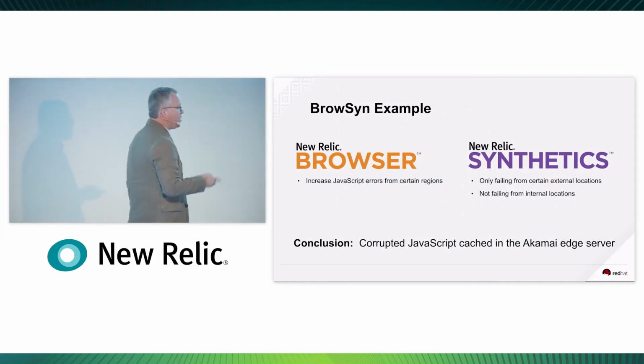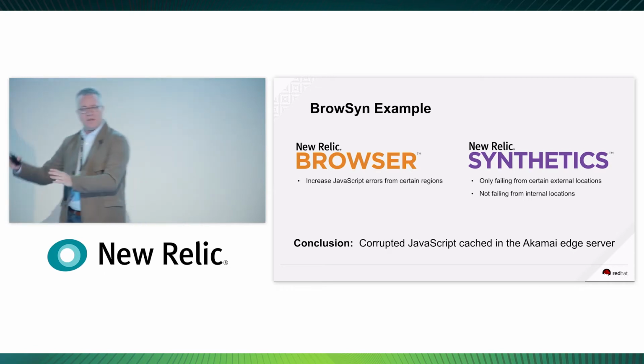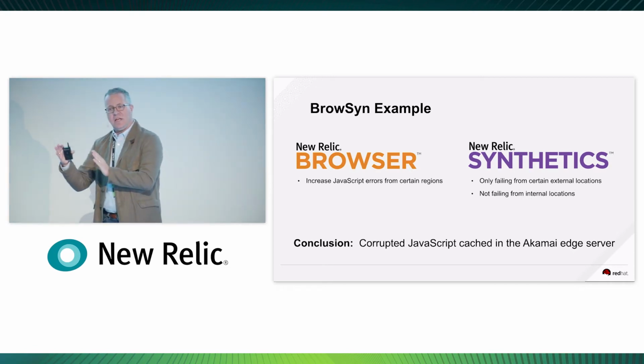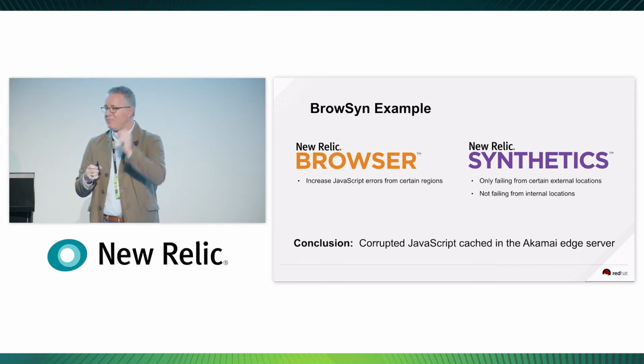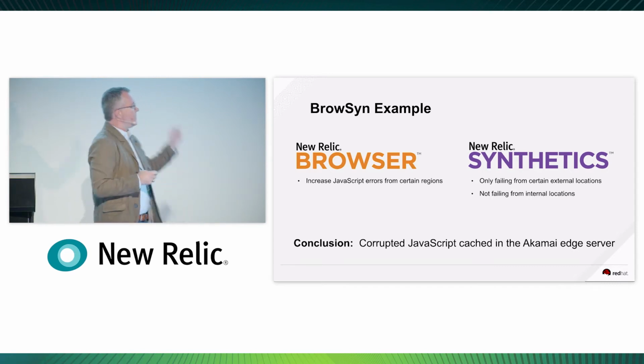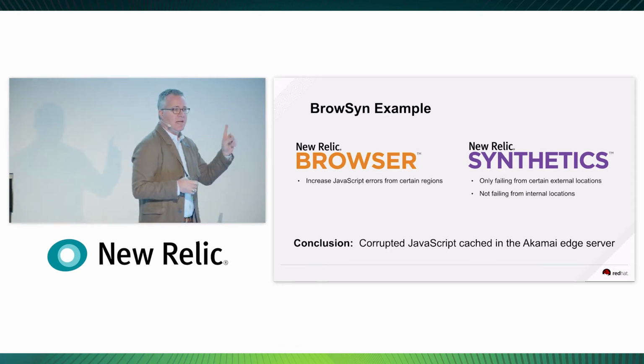So since at the origin everything worked fine, and in the field only certain geos, the same geos, were not working well, both synthetically and with real user data from Browser, they suspected maybe there's something wrong with the file in the CDN cache.